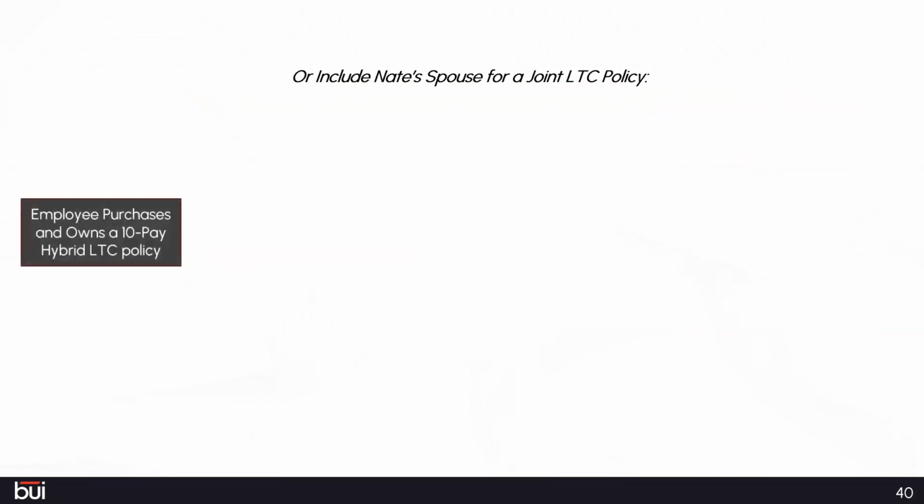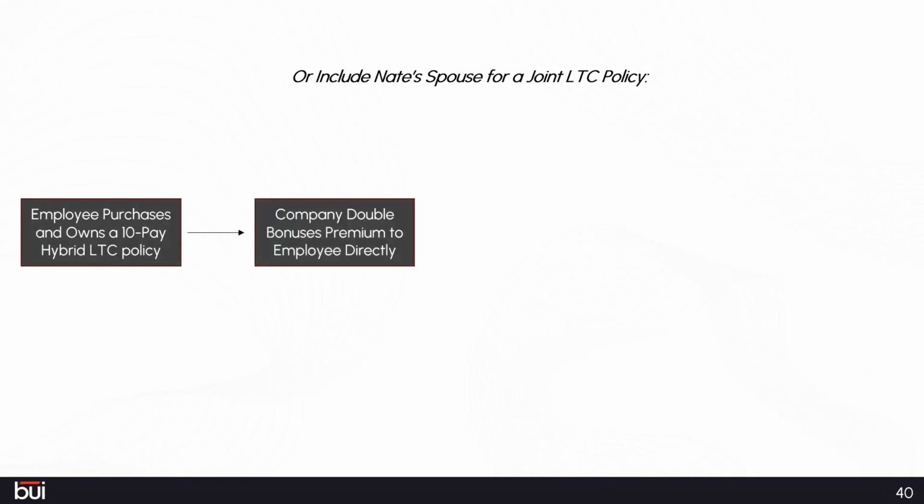Alternatively, Nate could say, you know what, that's a very large pool just for one person. I would prefer to fund a long-term care policy with joint benefits for him and his spouse. Same thing with a 10 pay. The company does the same double bonus, same premium, no difference in premium.